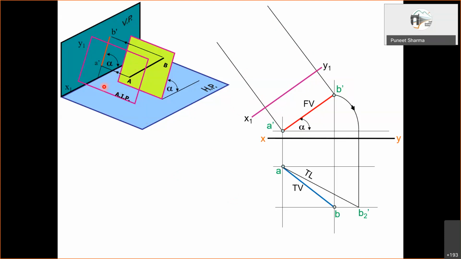These distances are the same. So whatever is the distance of capital A from A dash, that will be visible as the distance of small a from the xy line.